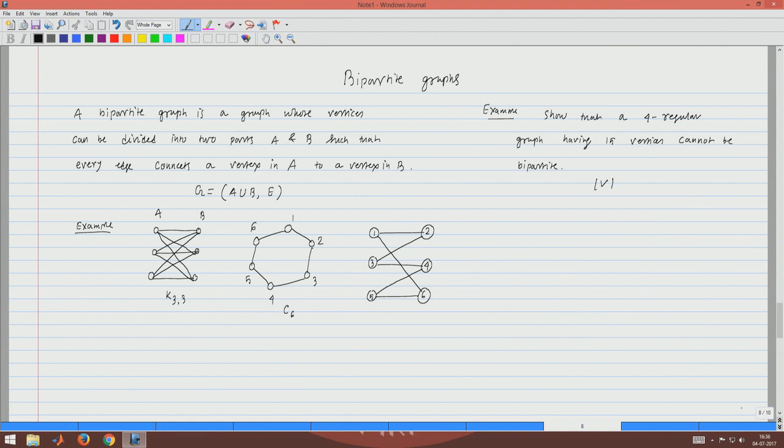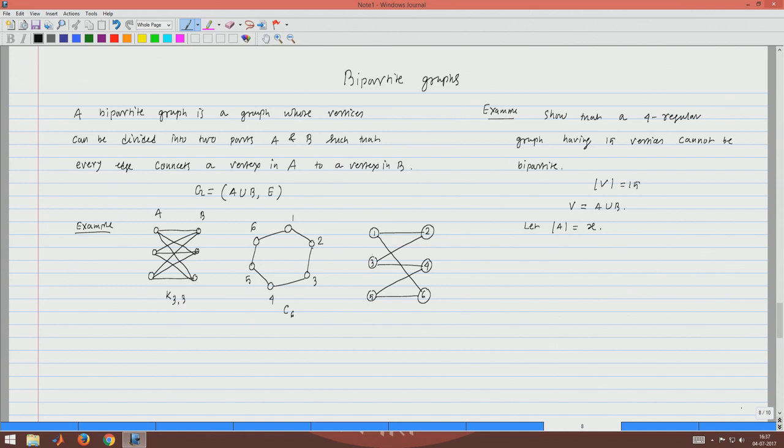Let us do that. This graph has a total of 15 vertices. Now, I have to partition this V into 2 parts, A union B. Let the number of vertices in the part A be x. Now, one thing to observe here is the degree sum in one part.